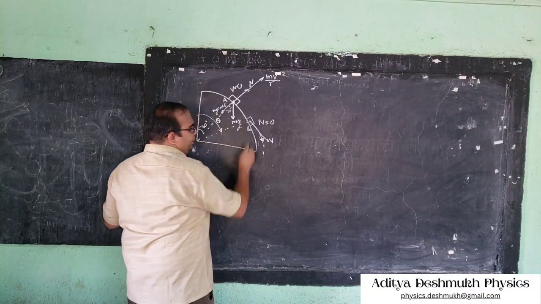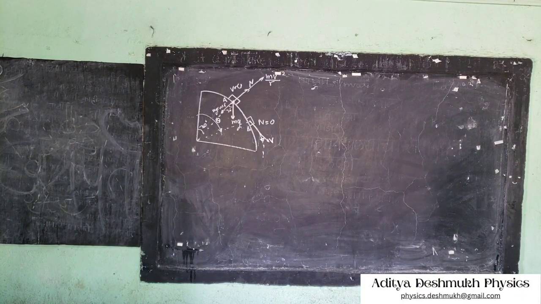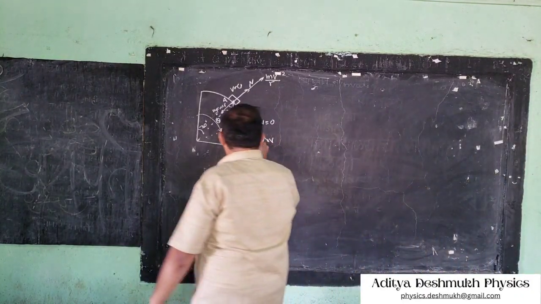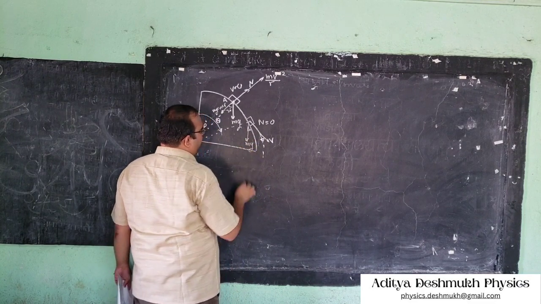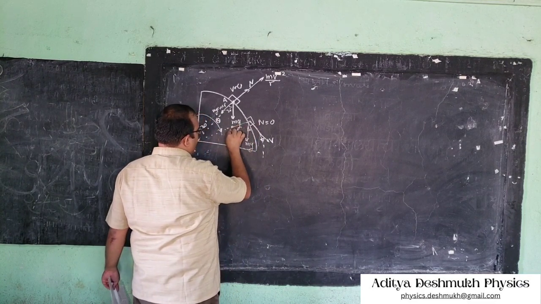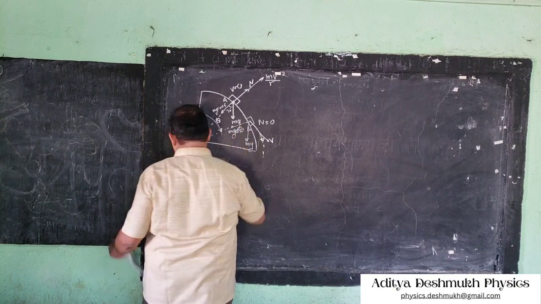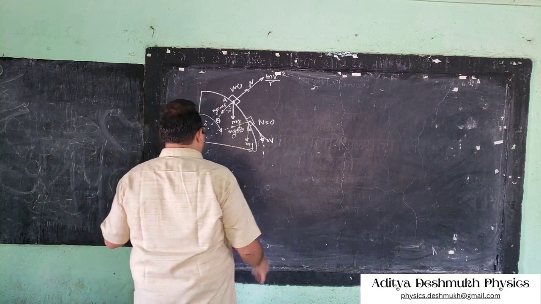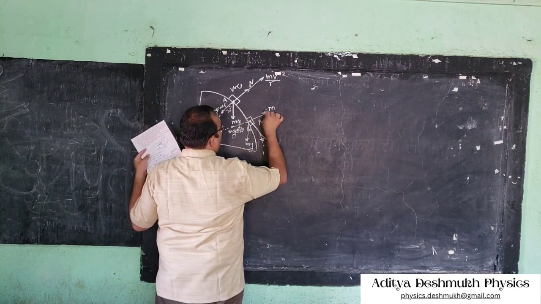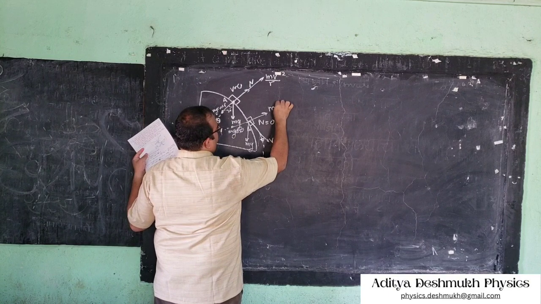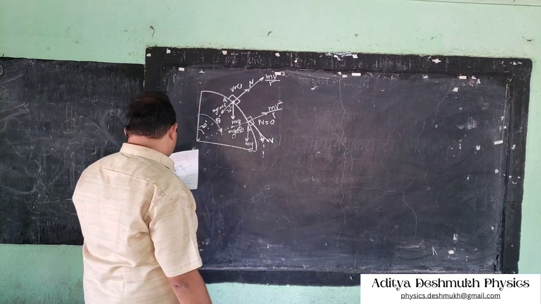For point B, same, this will be my mg, this will be my mg cos theta. But the normal reaction will be 0. So along the radially outward direction there will be only the centrifugal force.